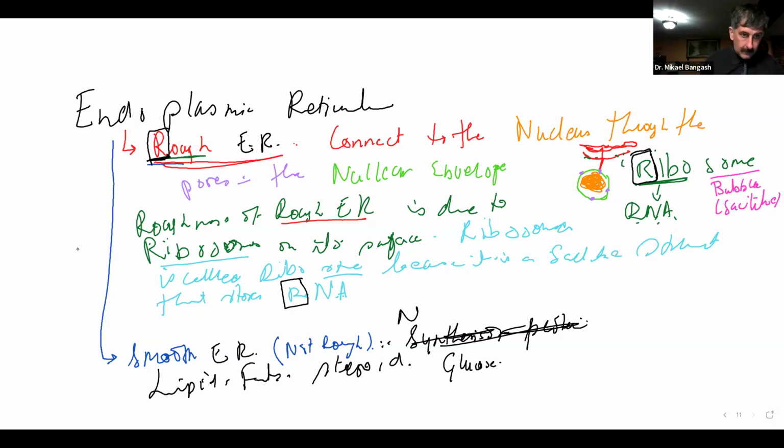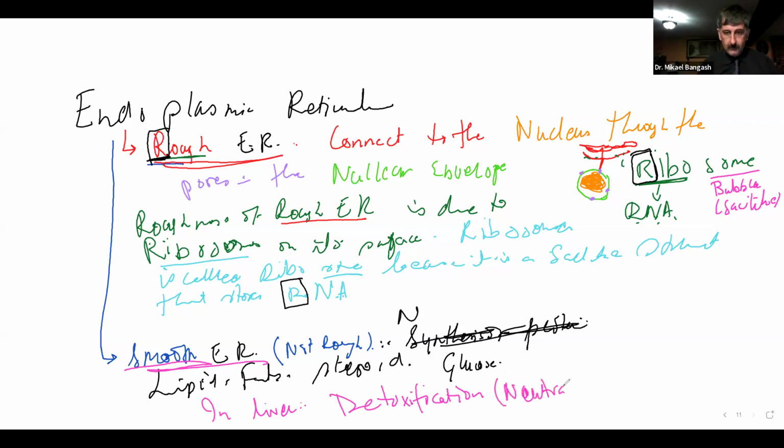And guys, if you talk of the smooth endoplasmic reticulum in the liver, it plays a role in detoxification, which mainly is neutralizing or undoing the toxic effects of toxins.